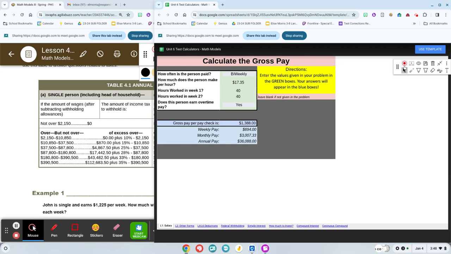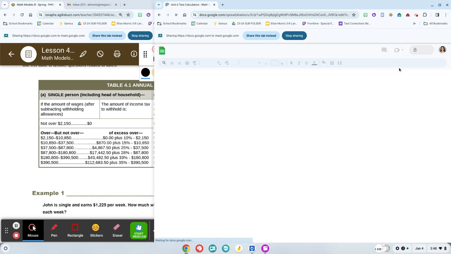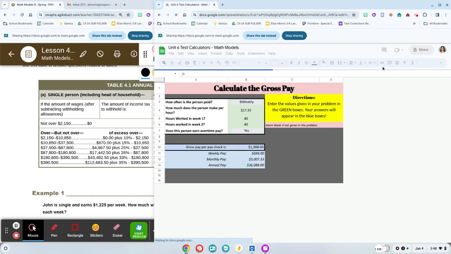From the landing page where it says financial calculators, you're going to click on this Unit 6 calculator and we'll click Use Template. Oh, it's taking a second.